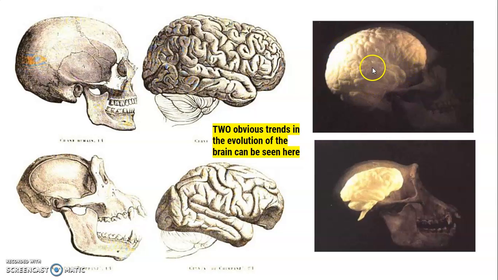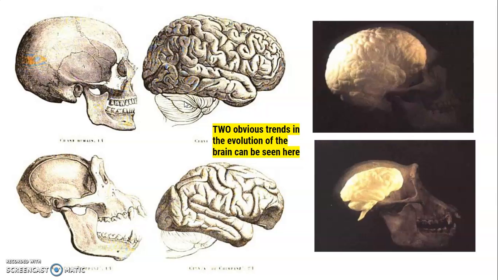That makes a significant difference to the amount of activity that can happen in the brain. And we know that intelligence is a product of relative brain size to body size, so not necessarily how big your brain is, but compared to the body. The body wouldn't have grown as much as the brain did over that time, so the ratio changed.